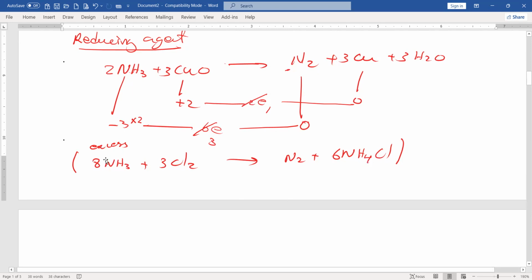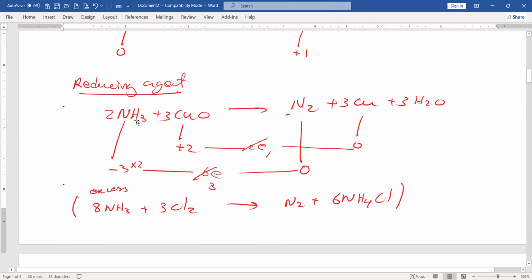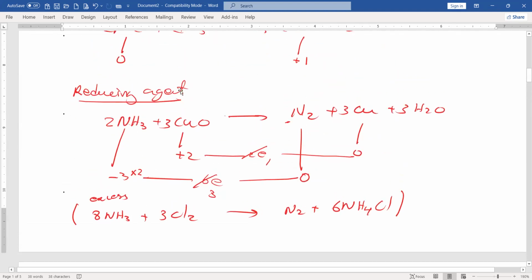That acid will react further with the excess of ammonia, because ammonia is the base. Basic ammonia reacts with acidic HCl forming ammonium chloride. So please go through the note and check it. And this is the reducing agent.